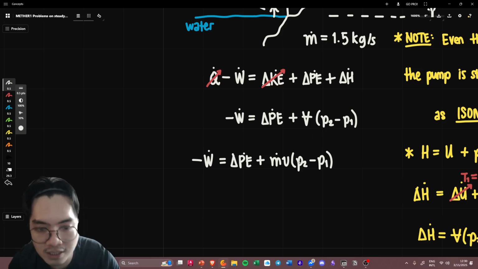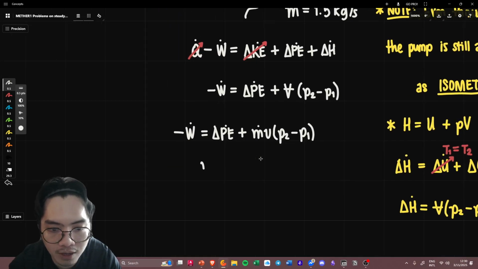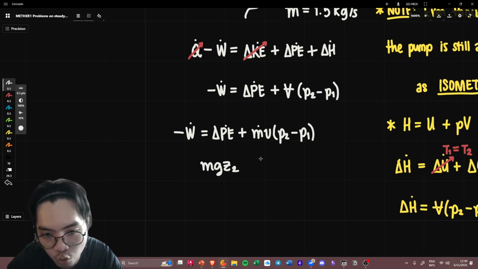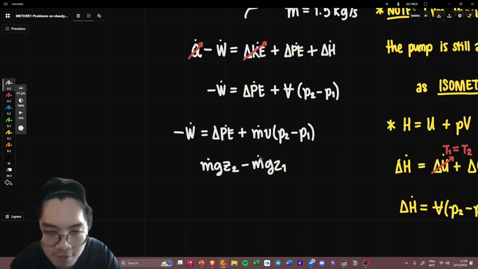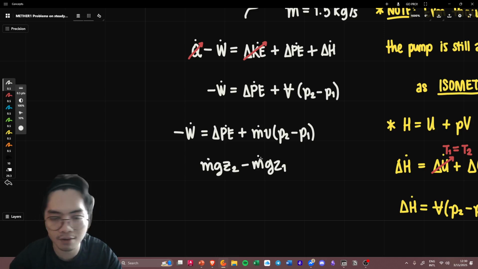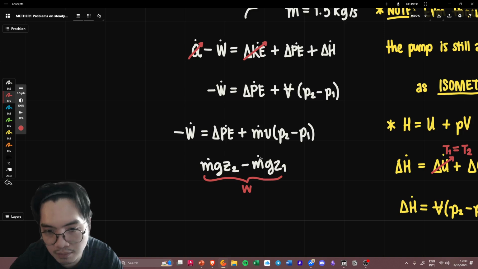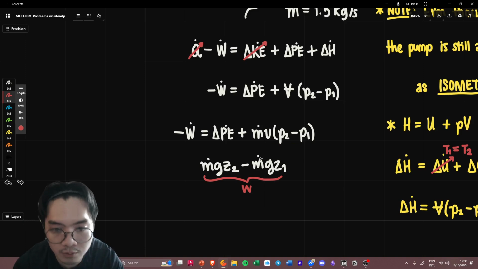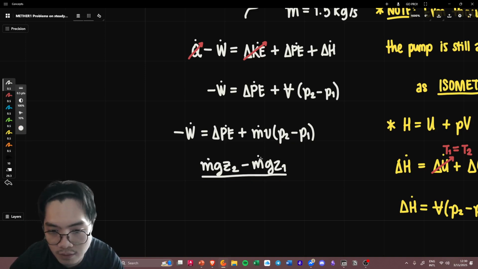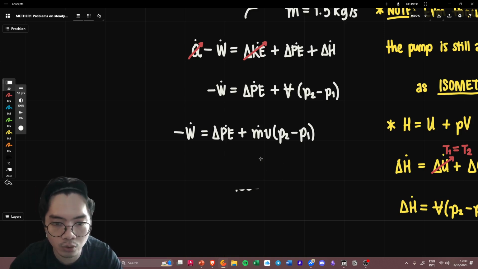And how do we expand? Oh, I forgot to expand potential energy. How do you expand that? Well, that's just going to be mgz2 minus mgz1. And actually, both of these should have flow rates. But then again, if you remember from our earlier discussion, these have their units in terms of watts. But these have their units in terms of kilowatts. So it would be better if we just divided all of this already by 1,000. And so that's what we'll do specifically.